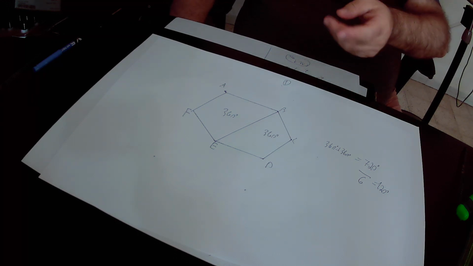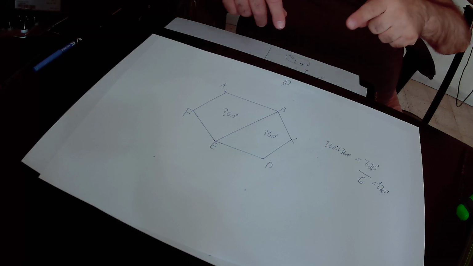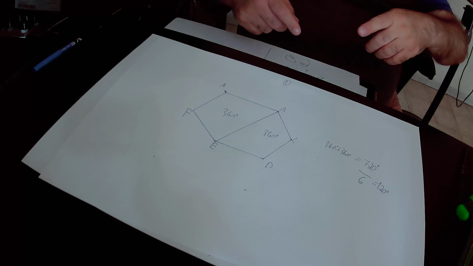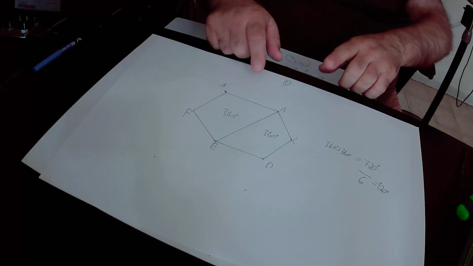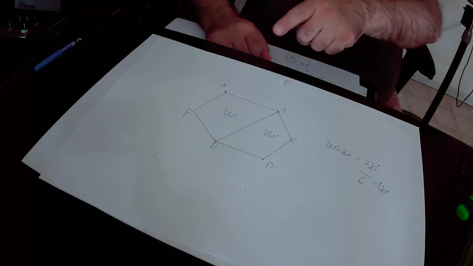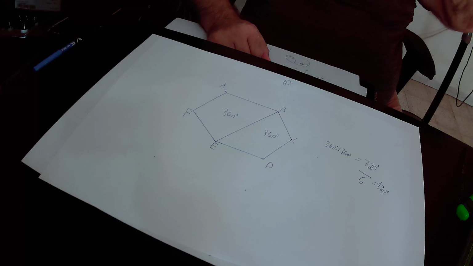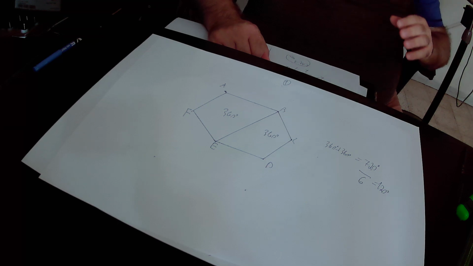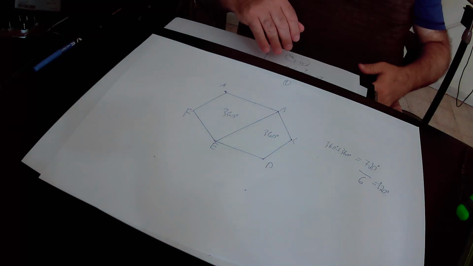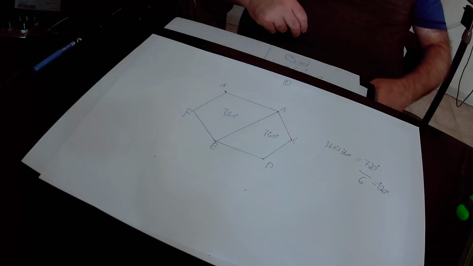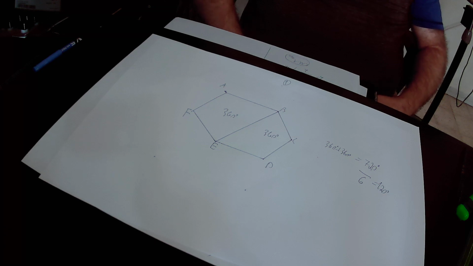And therefore, the sum of the angles in this regular hexagon will be equal to the sum of the angles in those two quadrilaterals. That is to say, it will be equal to 360 degrees plus 360 degrees, that is 720 degrees.